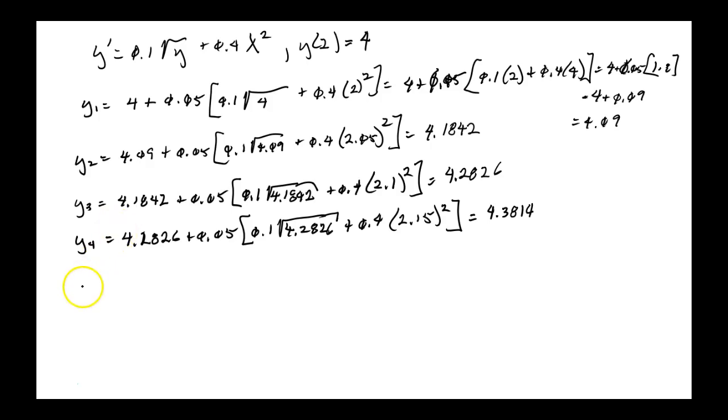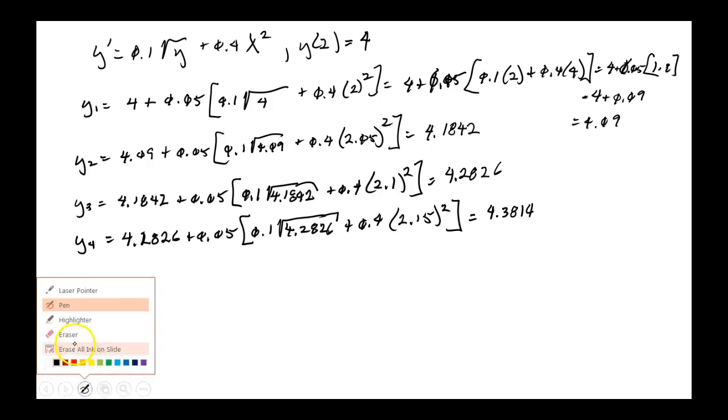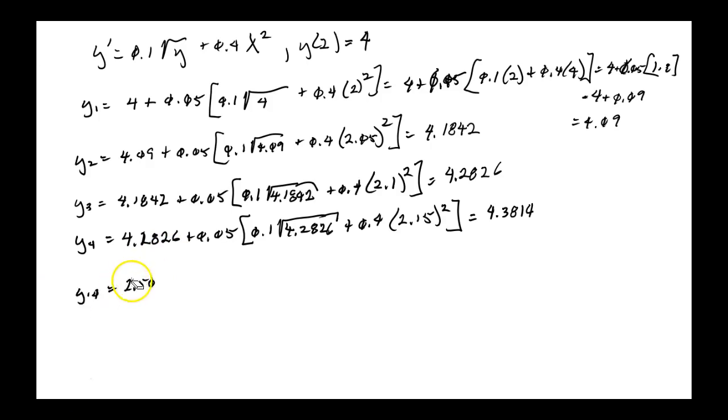Here they're y sub 10, I think it would be called. That would get them to 2.50. That's going to be when x is equal to 2.50. So I shouldn't do that.